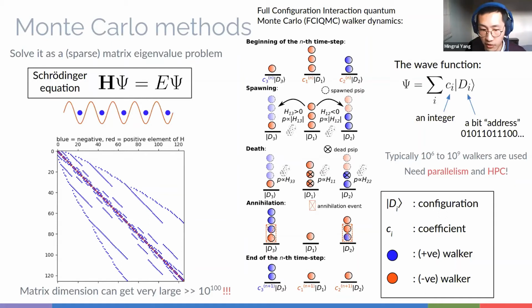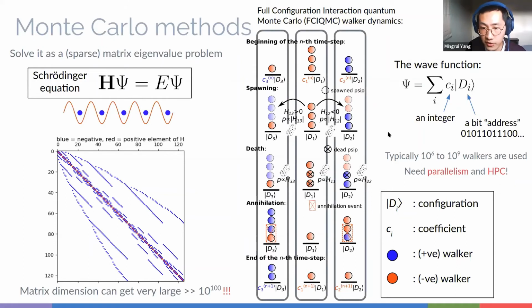Obviously, it's way smaller than 10 to the power of 100, but it's still a decently large number. We want to parallelize it and run the calculation on the HPC. Imagine these black boxes are the individual computer processors. Nothing stops us from parallelizing them, with communication in between them.